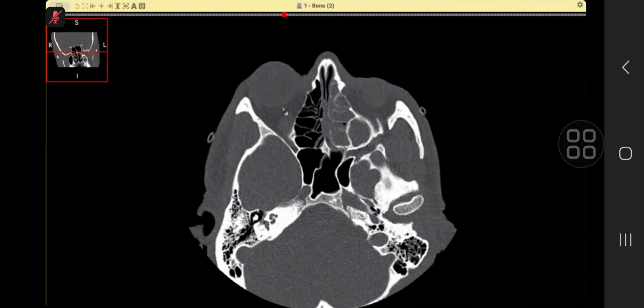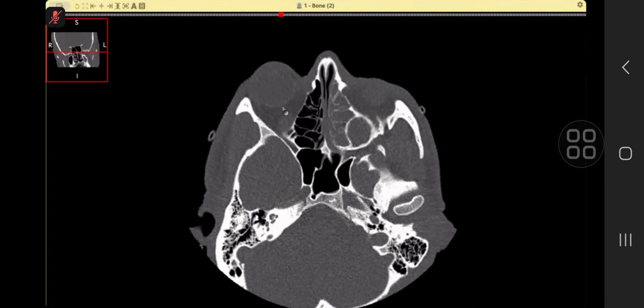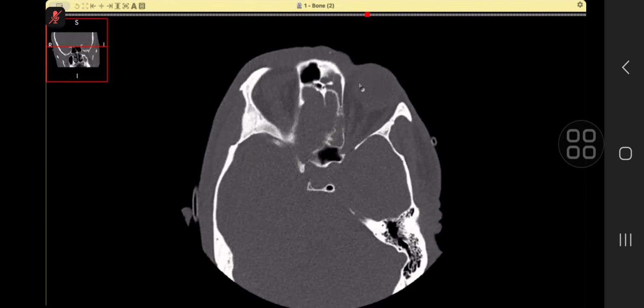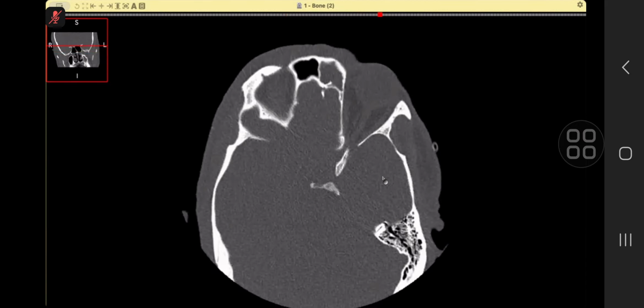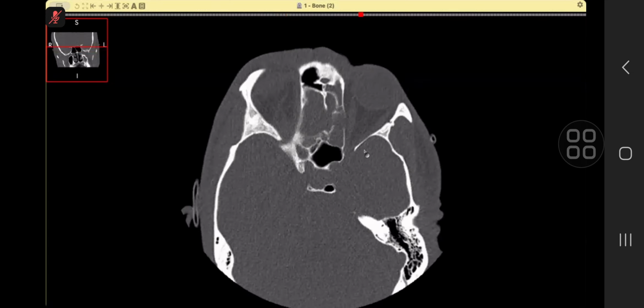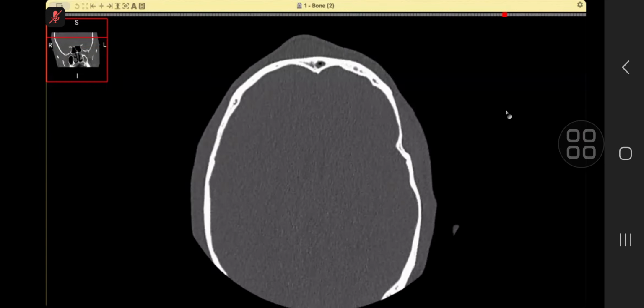Okay, so this appears to me as a chronic sinusitis involving the frontal and ethmoid and the left maxillary sinus with no bone affection. Doctor, sorry, could you scroll for me?